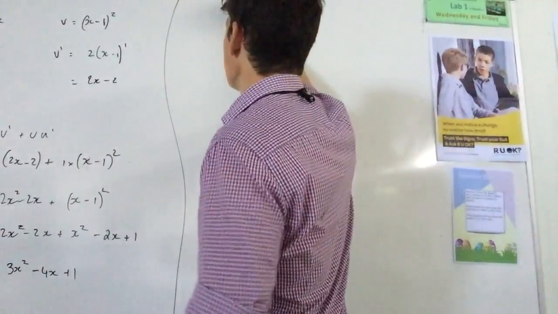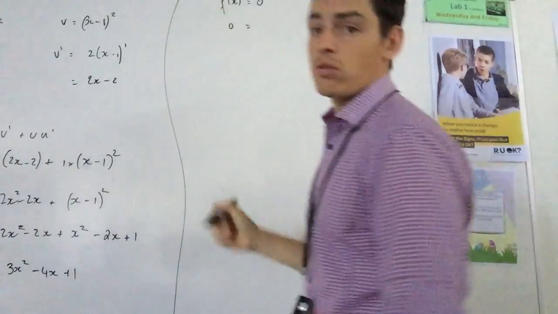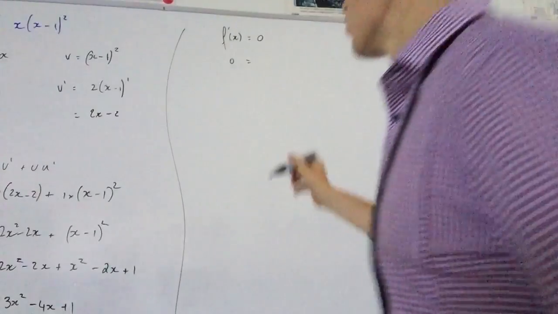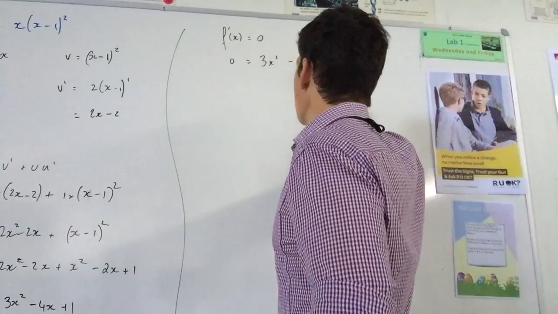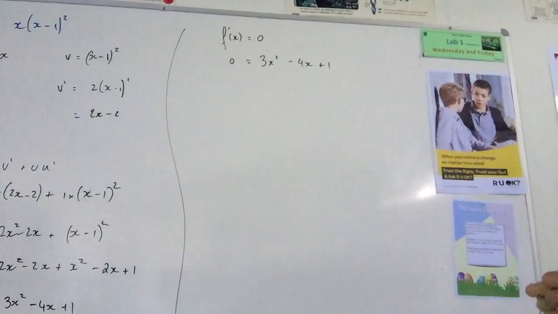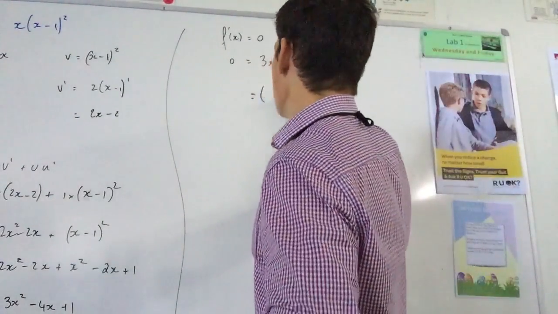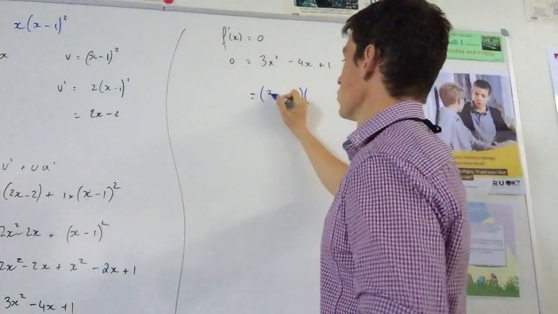So I need f'(x) to equal 0, which means that 0 equals 3x² - 4x + 1. Immediately I can see that I've got a quadratic. I've got 2 options: I can create my set of brackets like so, or I could use my quadratic formula. I'll just see how we go here.